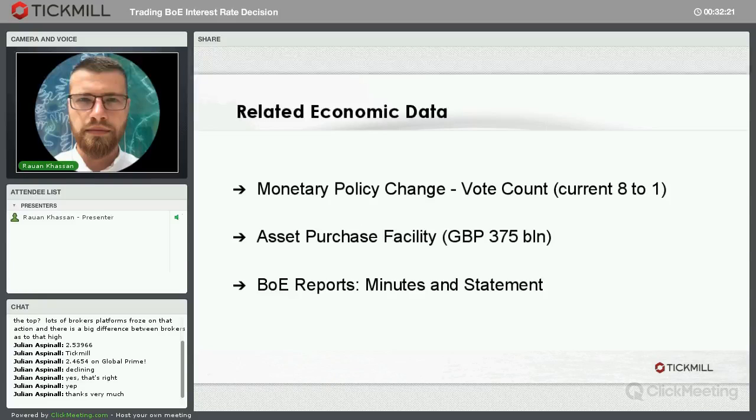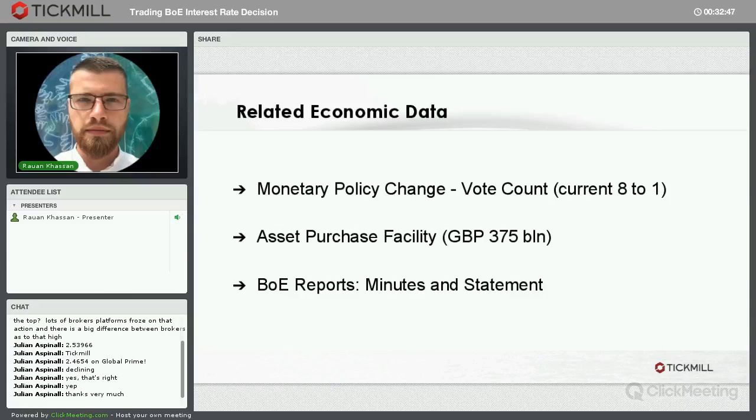The second level to watch is the asset purchase facility, which indicates the amount that the central bank injects into the economy. Currently, it has remained unchanged at the level of 375 billion British pounds. And finally, please have a look at the Bank of England reports.